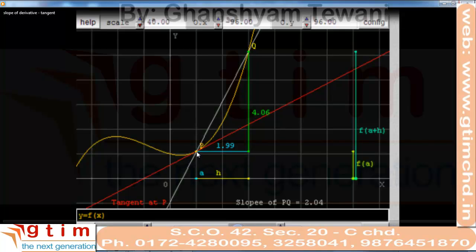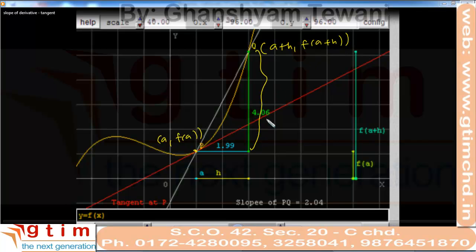Here we have taken the abscissa of point P as a and the abscissa of point Q as a+h. Then the coordinates of point P are (a, f(a)), and those of point Q are (a+h, f(a+h)). This height is f(a+h) minus f(a), and this width is h.